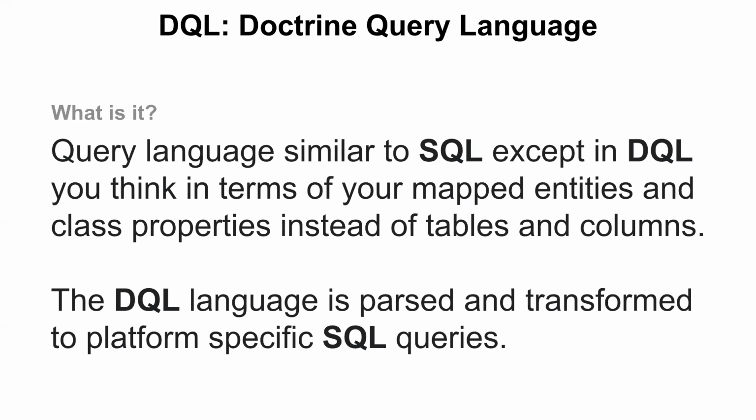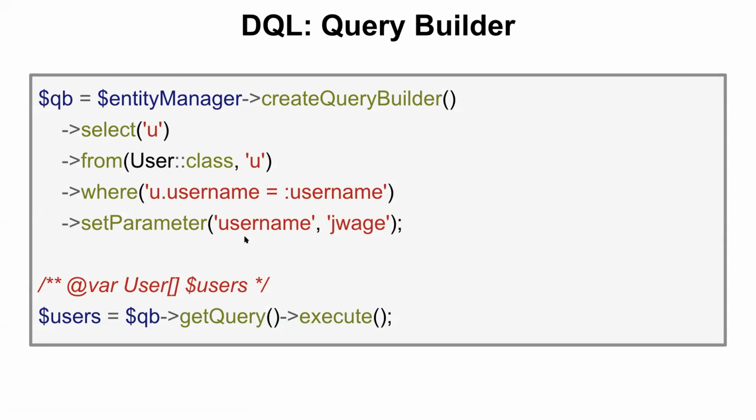So when you write a DQL query, that DQL query is being parsed and transformed into a SQL query for the relational database type that you're connected with. In this example, I'm writing a DQL query, and I'm doing it with the query builder, which is a fluent interface that allows me to define a query programmatically.